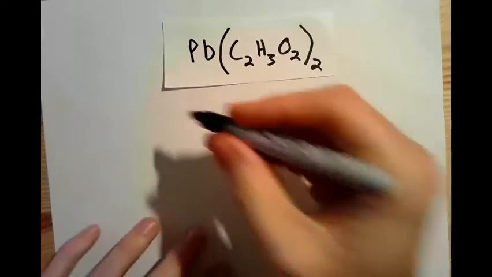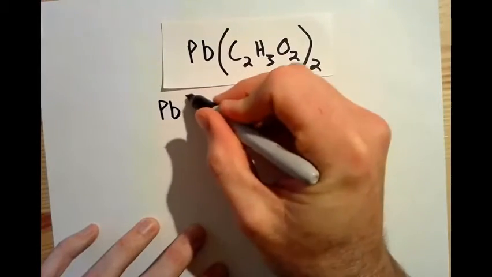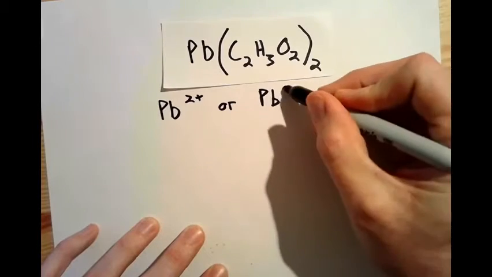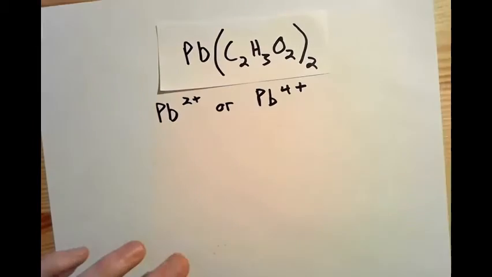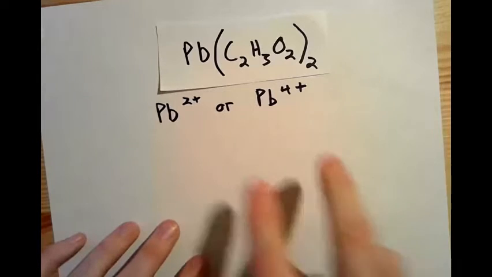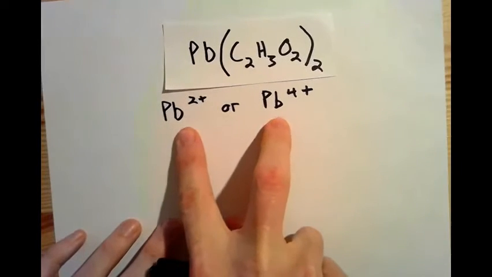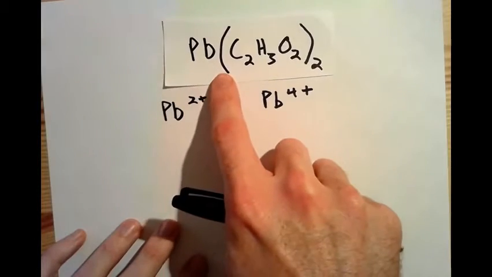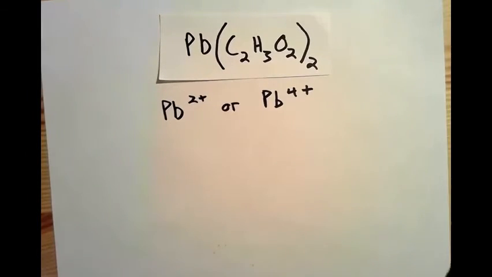So lead can be a 2 plus, or lead can be a 4 plus. This is why it's important to memorize both oxidation states and know when to use the right one.